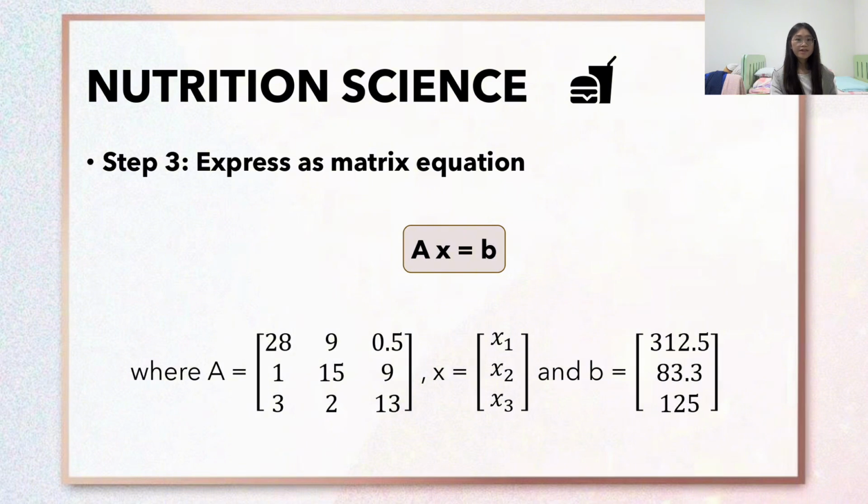In step 3, we need to express the equations just now as the matrix equation AX equals B, where A is a 3 by 3 matrix, X is x1, x2, x3, and B is the daily nutritional requirements respectively.